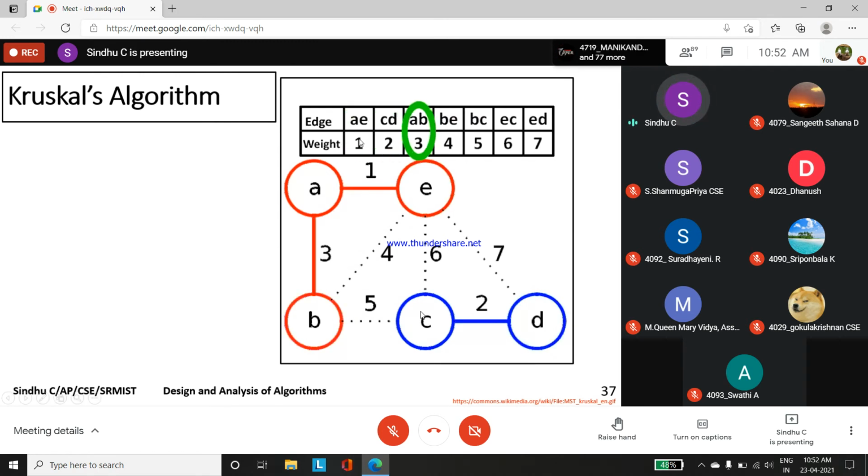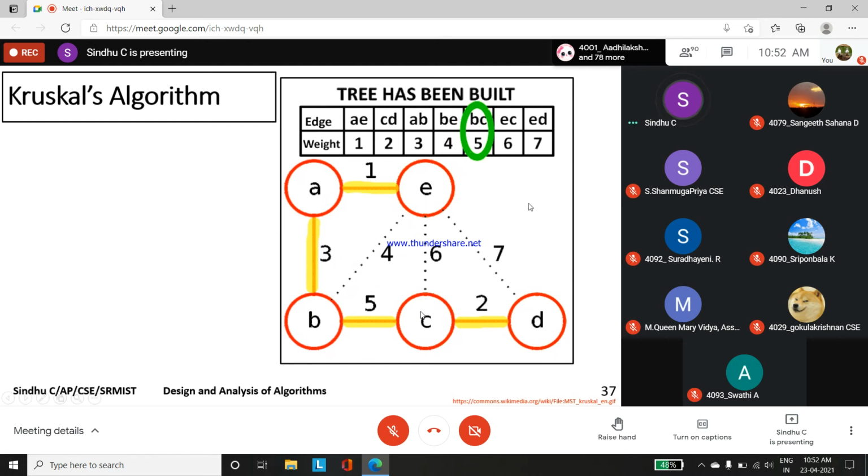So you can see that you are considering 1, 2, 3, 4, and so on. Starting from the minimum weight, you keep adding each and every edge to the tree. Once it forms a cycle, you are just ignoring this edge. That is Kruskal's algorithm. This follows a greedy approach. Why we say greedy approach is at each and every step, we are going to pick the least weight edge.